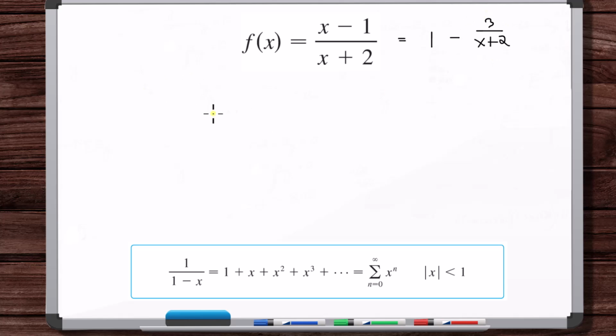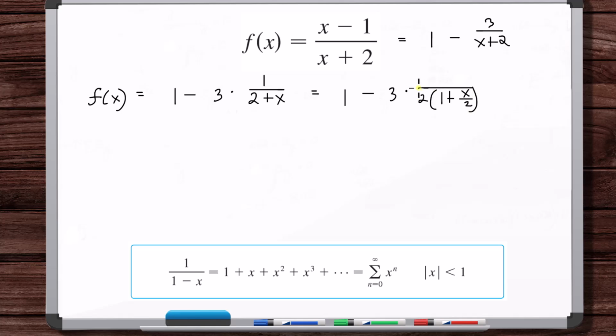What we've got is f of x is 1 minus 3 times, factor out the 2, 1 plus, so we've got 1 minus 3/2 times, and then 1 minus, there we go.